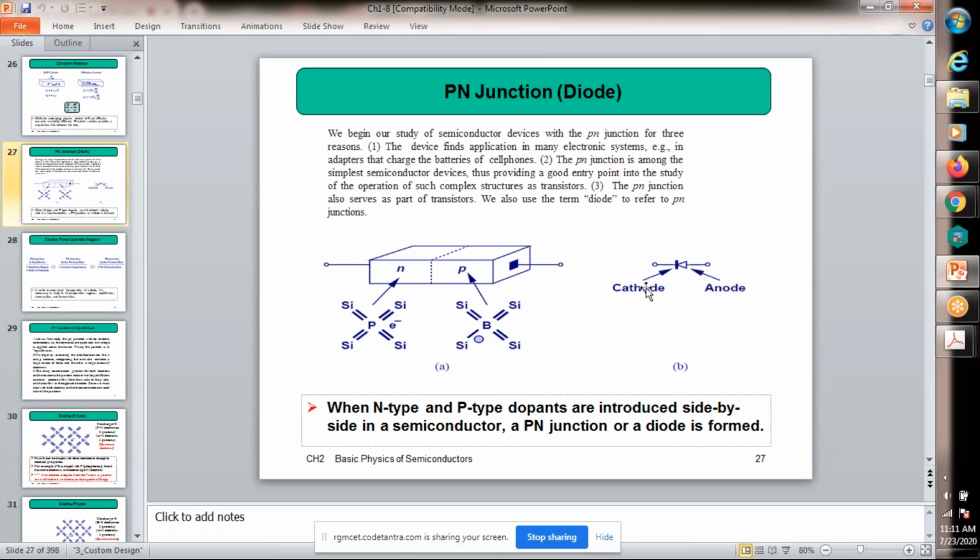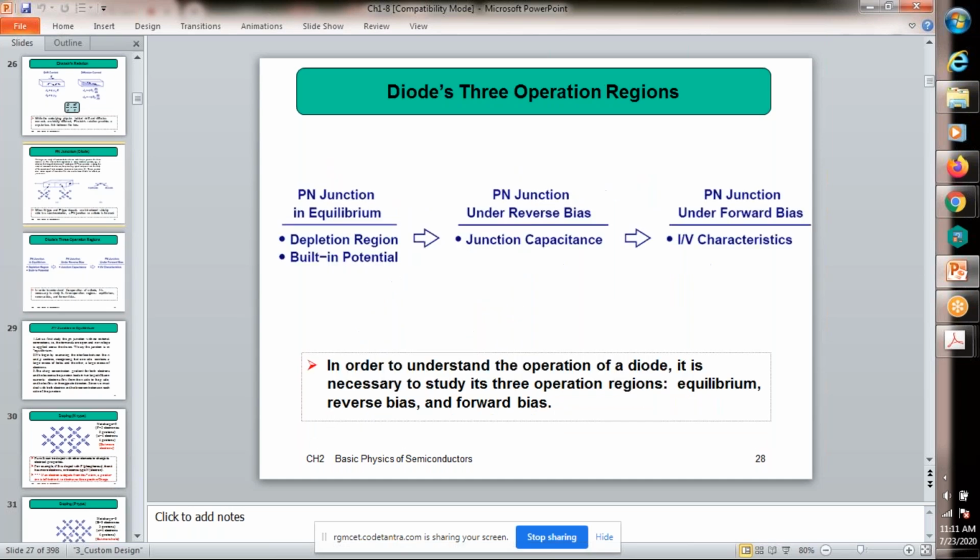In another way, this vertical line also indicates the current cannot flow from cathode to anode. Here this is a stop. The vertical line will stop the current flow from cathode to anode. This is a two-terminal device like a resistor, capacitor, inductor, etc. Already we discussed this one.